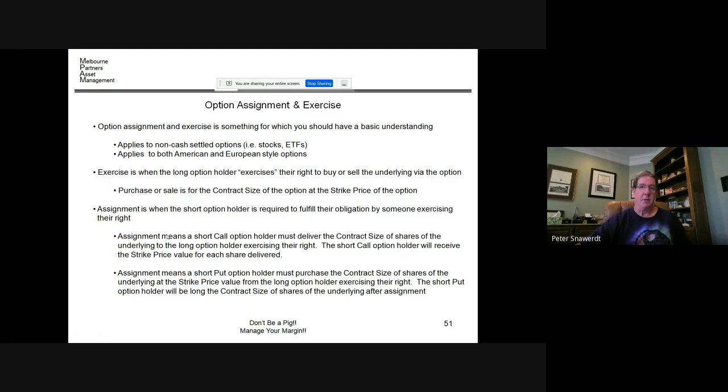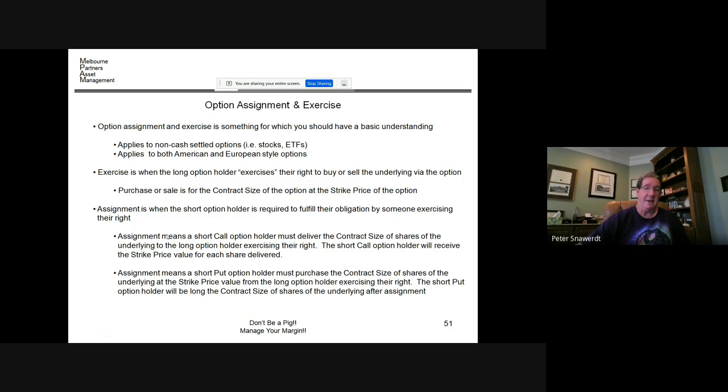For the long option holder. So if we were to go back to that example, the strike price was $100 and I got paid $1 for it, but it closed at 110. I have to sell 100 shares at $100 for that option holder.